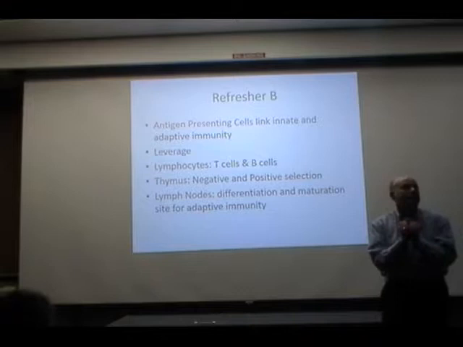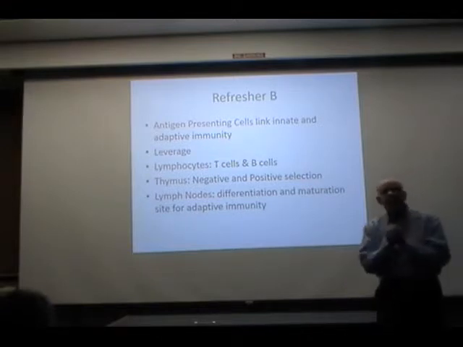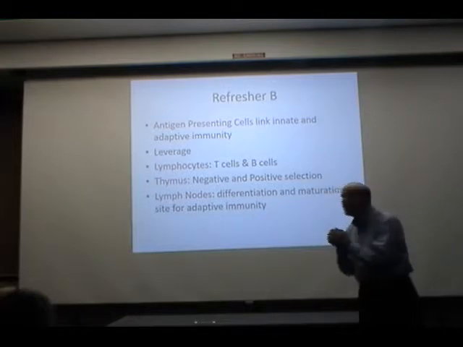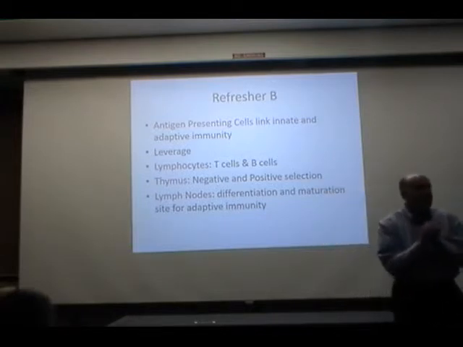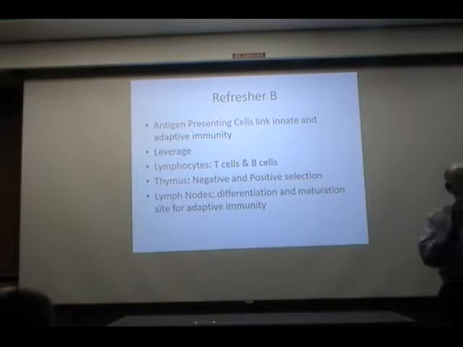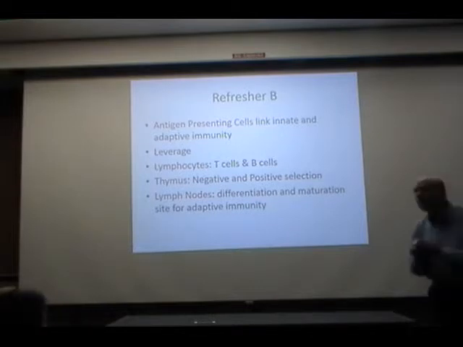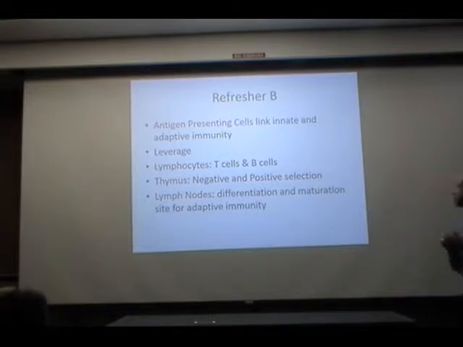They display on their surface the antigen, the foreign protein, such that the T cells in the lymph nodes are able to respond. It's that antigen presentation T cell activation class that was left out, which when I saw it was left out, I insisted it be returned, and it is now.